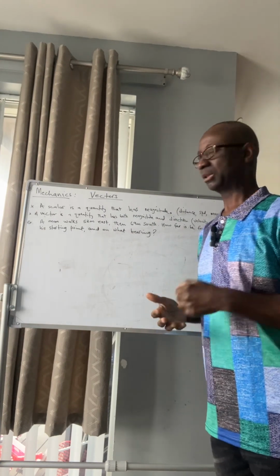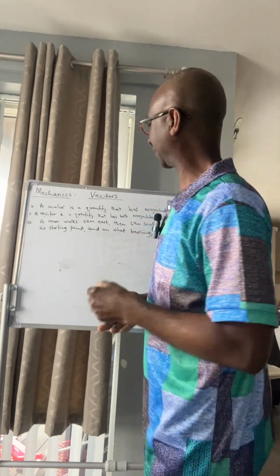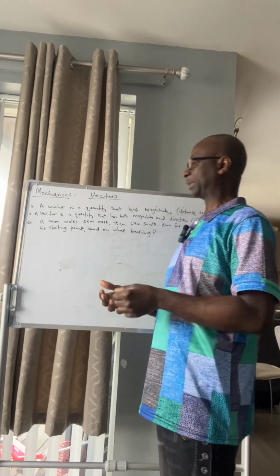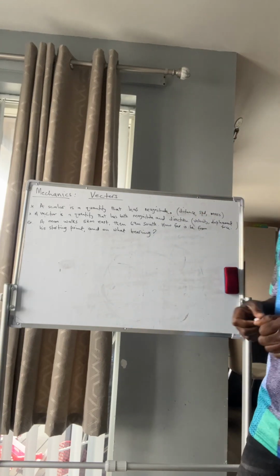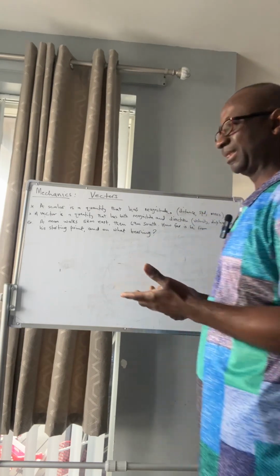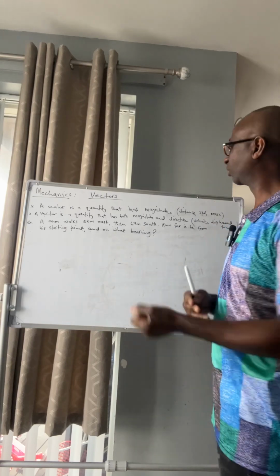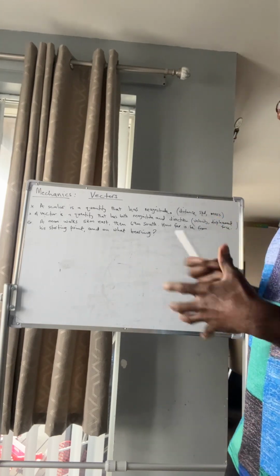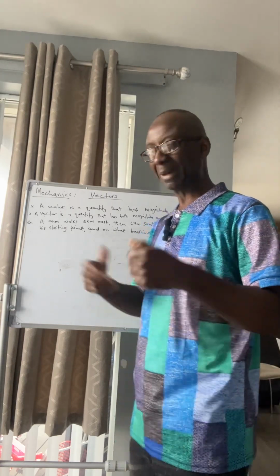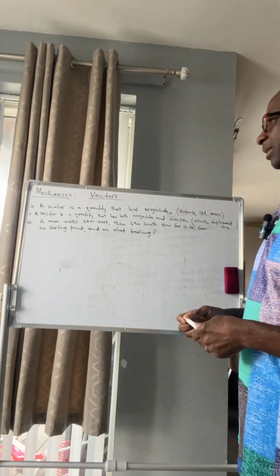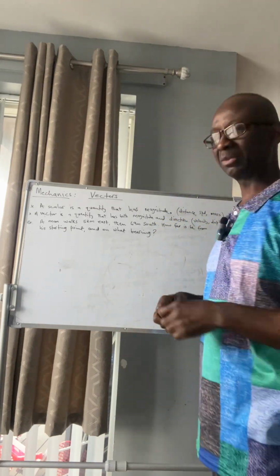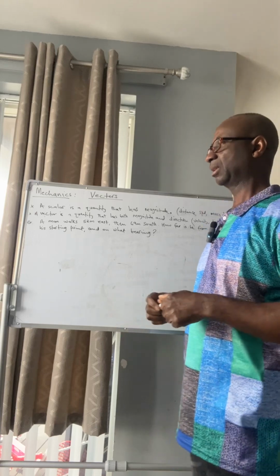We sometimes try to explain vectors by first mentioning what a scalar quantity is. A scalar quantity simply is something that has a size, that is, a magnitude. You look at something like a distance.